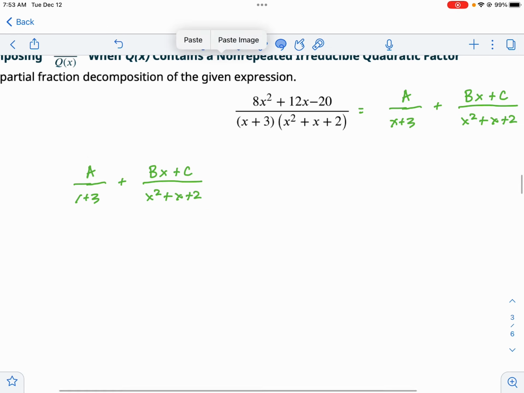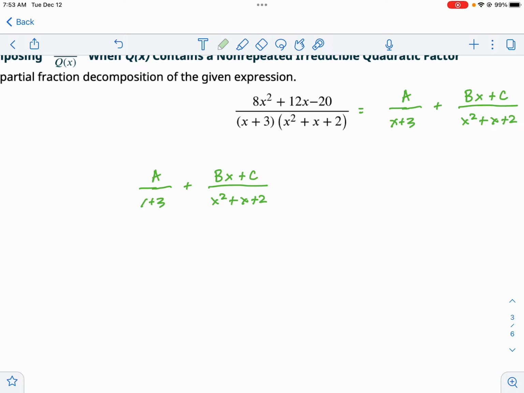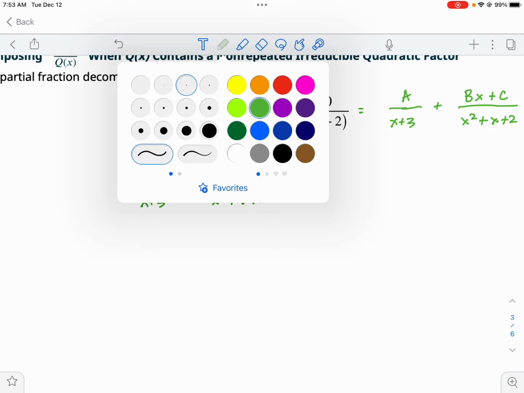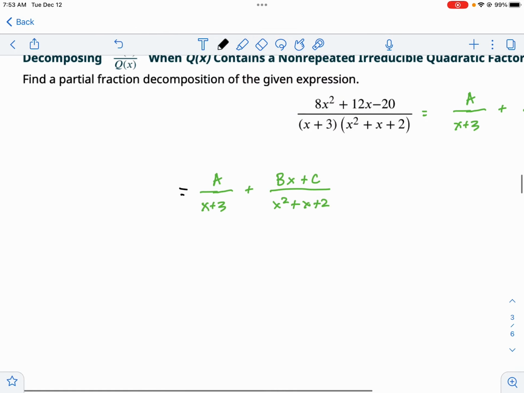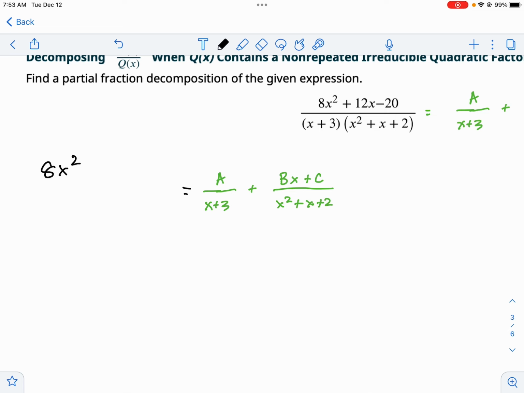So just like before, on the left side, I still have my 8x squared plus 12x minus 20. And really, if you're comfortable, you can skip this step also.